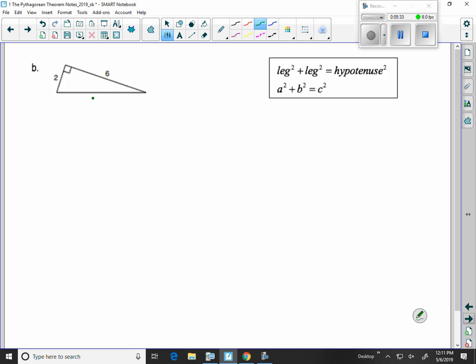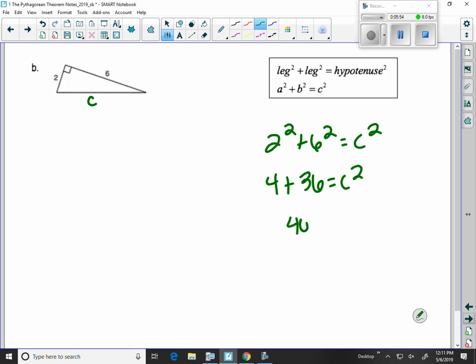B, what side is missing? C, right? We're missing the hypotenuse. This looks a little weird because it's been turned, but you just look for that right angle. If it's the side across from the right angle, it's the hypotenuse. Are you getting 40 there?